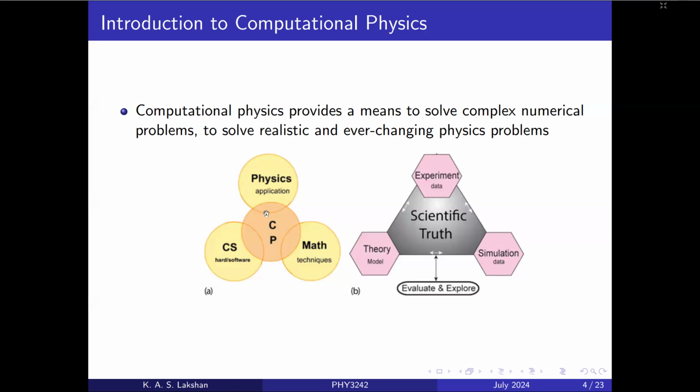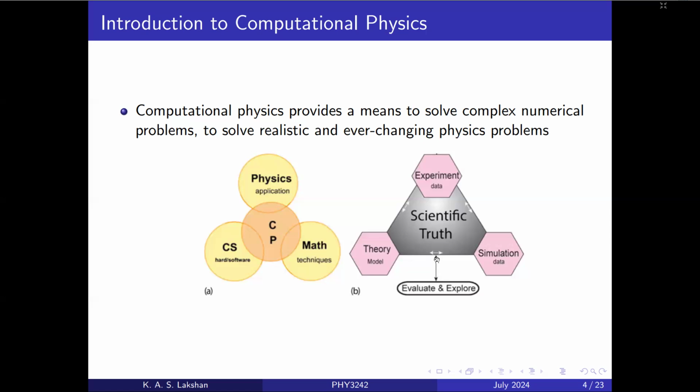Now, why is studying computational physics important? If you look at this diagram, all the physicists or scientists want to discover the nature of things, or uncover certain scientific truths.